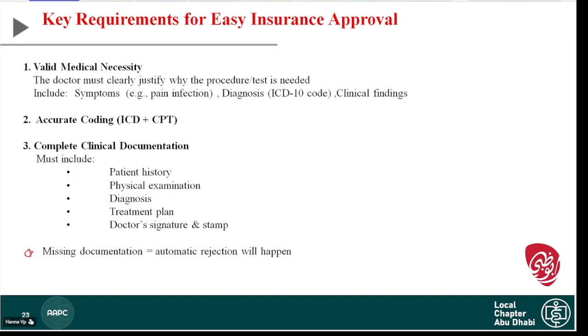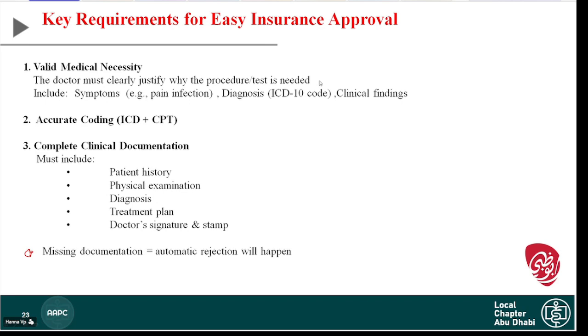Valid medical necessity. So guys, once we are submitting the claim or pre-approvals and all, whatever things we need to follow, we should follow them. Otherwise, there is a chance of rejection. These points will help you know the easy methods to correct and give before the insurance approval. The first point is valid medical necessity. What is this? The doctor must clarify and justify why the procedure or test is needed.